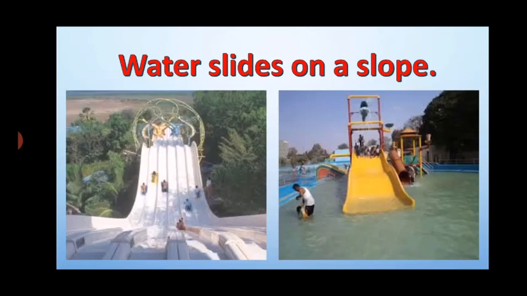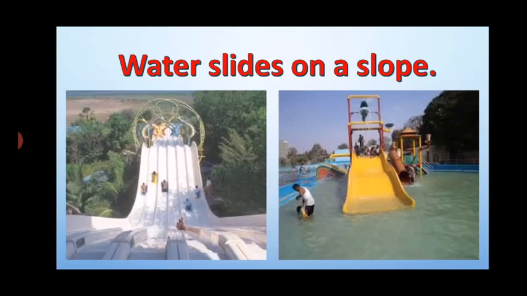Okay, so there are some more things that we have learned about water in this lesson, and that is water takes the shape of the container. If you pour water into a glass, it will take the shape of a glass. If you pour water into a bottle, it will become the shape of a bottle. If you pour water into a bucket, it will become the shape of a bucket. If you pour water into a plate, it will become the shape of a plate, isn't it?